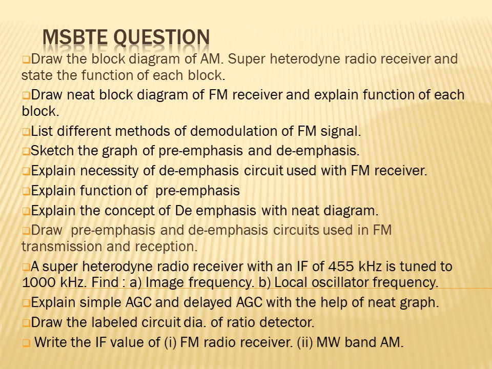Write the intermediate frequency of FM radio receiver and medium band AM. The intermediate frequency of FM is 10.7 megahertz, and for medium band AM it is 455 kilohertz.